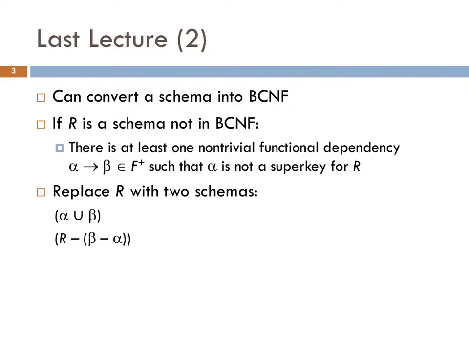So you could actually underline the alpha attributes because now you have a primary key for that schema. And then you have R minus beta minus alpha, and we just write it that way because we haven't talked about extraneous attributes yet. In general, alpha and beta do not overlap because it's not meaningful for them to overlap. And so we can just write R minus beta.